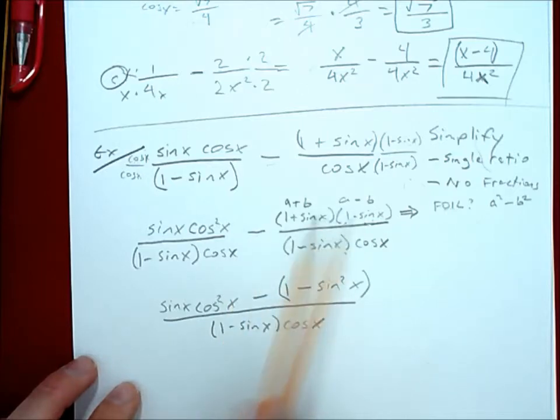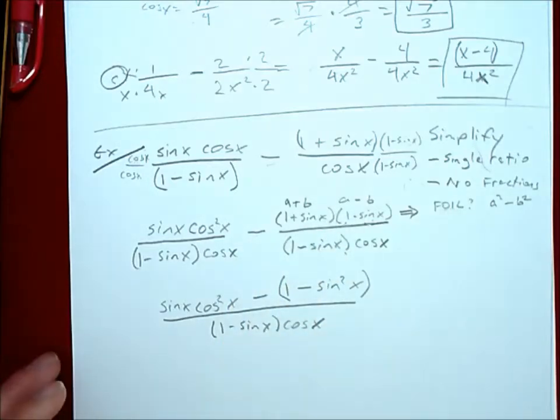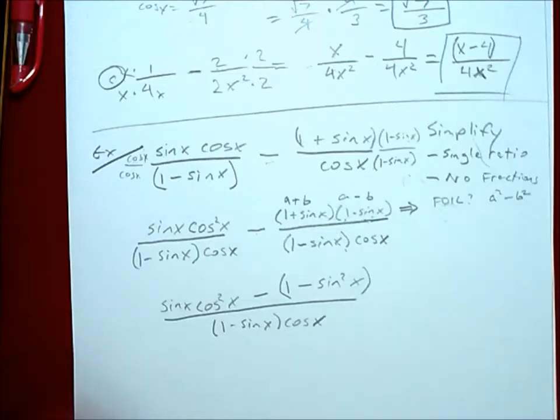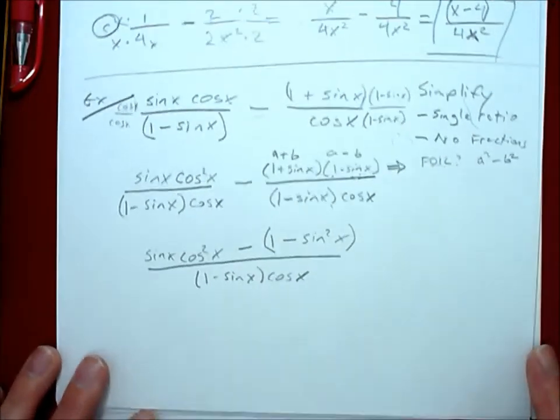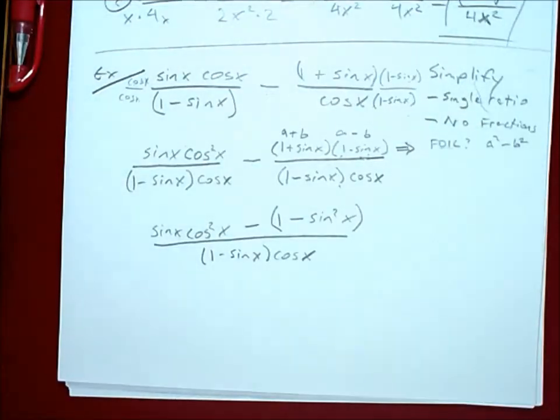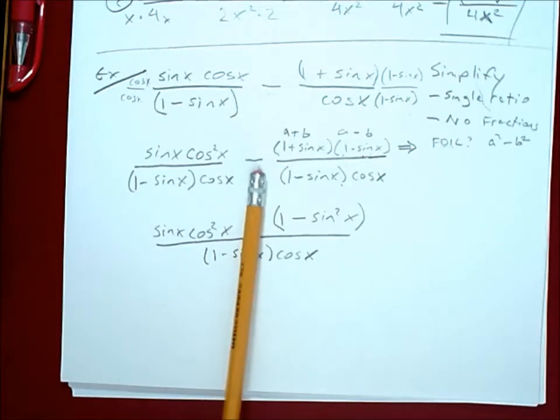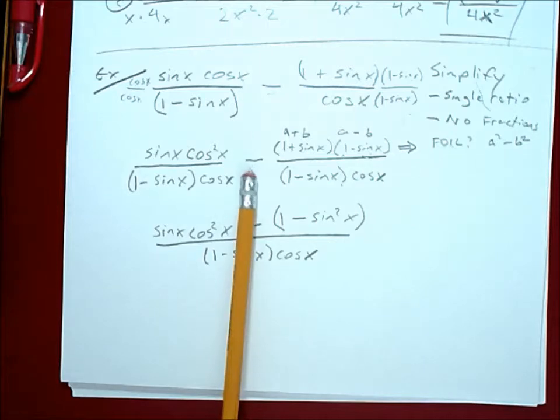I just rewrote this one in a simpler form. Like so. So questions about that step right there? So I've gotten to this point. I followed the directions. I did what the expression told me to do. It said subtract, I subtracted.